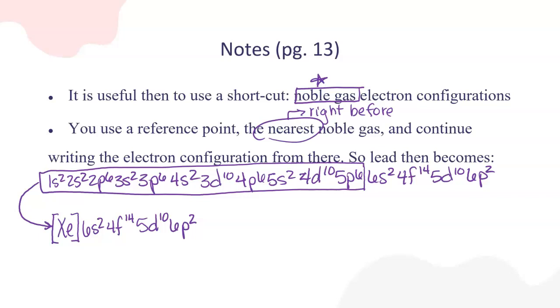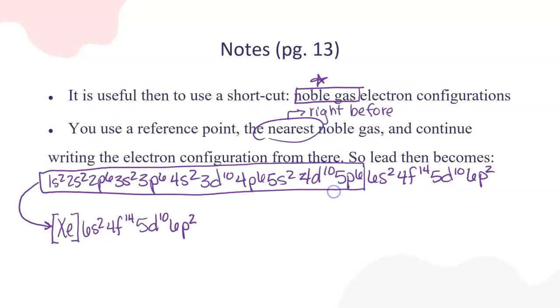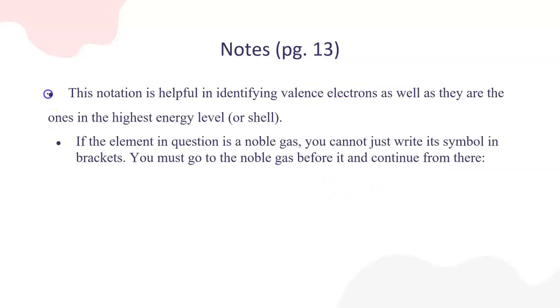If you are looking at a noble gas, you cannot use it as its own shortcut. For instance, if we're talking about krypton, you cannot say it's just krypton. Nope, you have to use a different reference point.